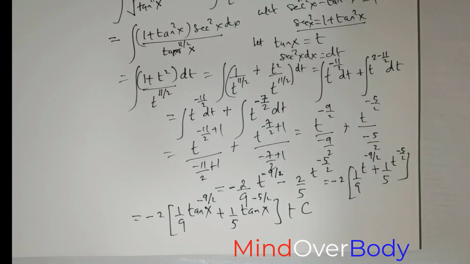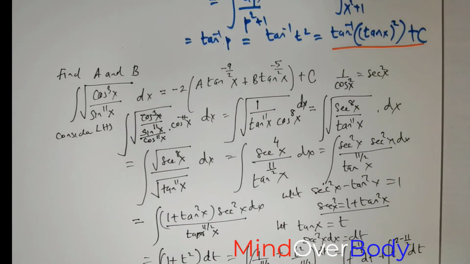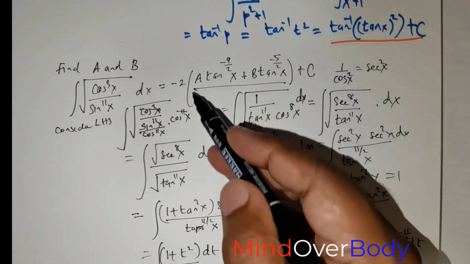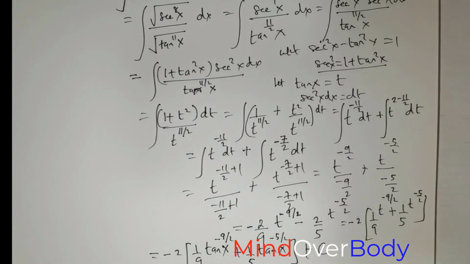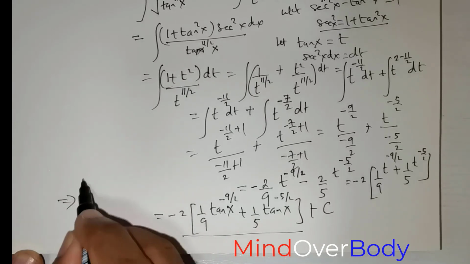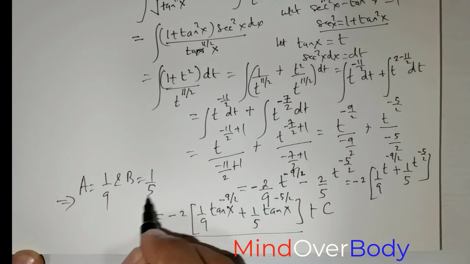Now if you were to compare this with the original quantity given on the right side, you see that this is exactly the same. So in place of a you get 1 over 9 and in place of b you get 1 over 5.